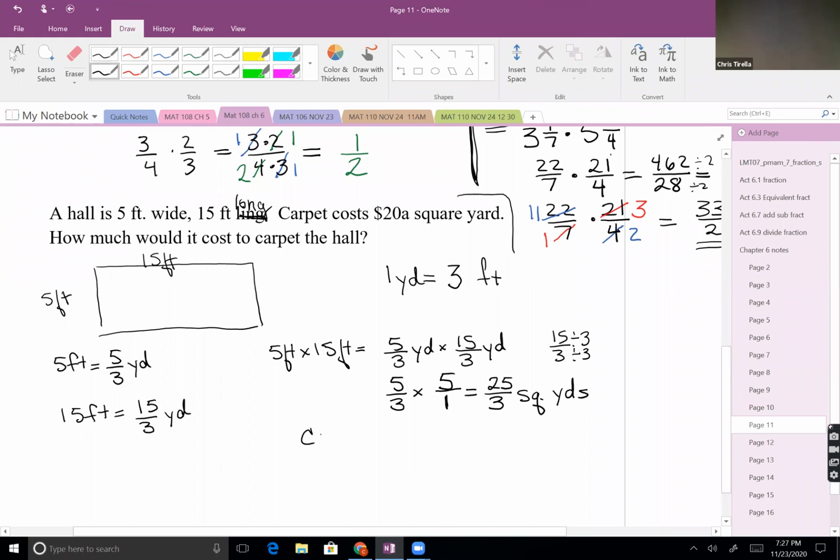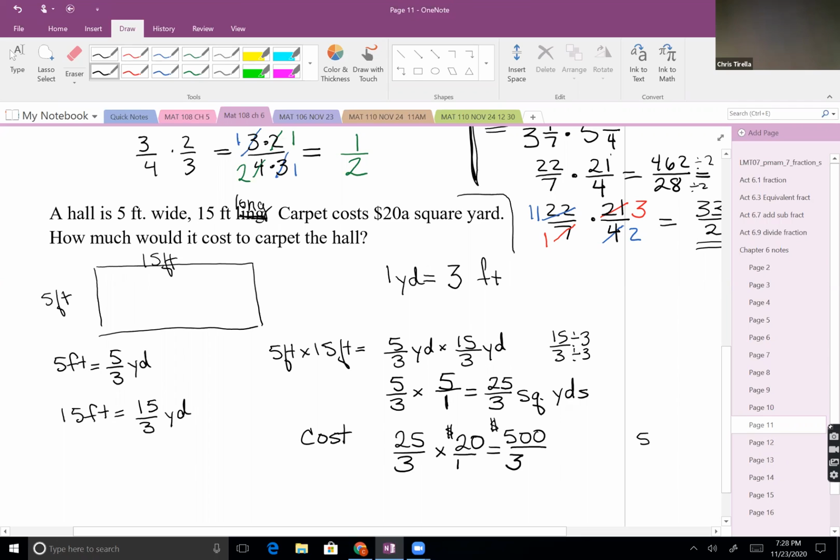And so to find the cost then, we'd have to take that 25 over 3 square yards and multiply it by $20 for each square yard, which would give me, let's see, I'll do the hard part. I think of that as 20 over 1, I get that denominator. 25 times 20 would be 500.